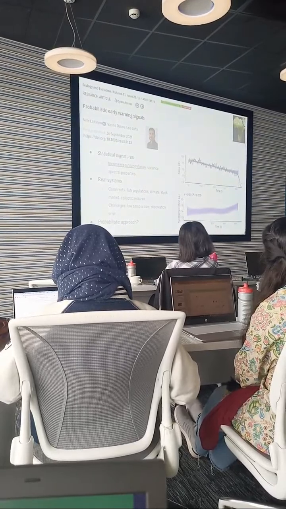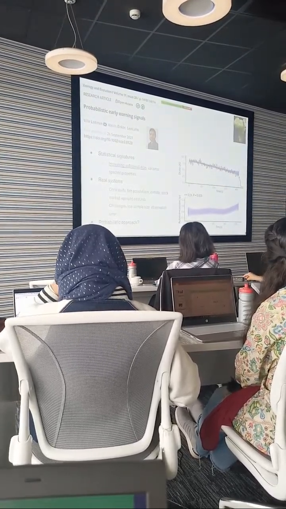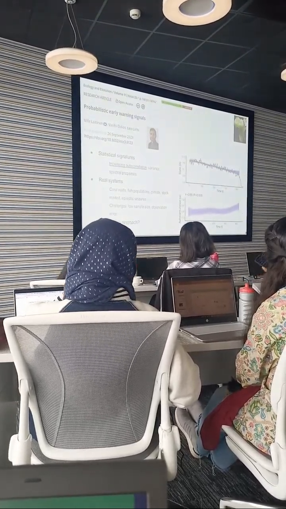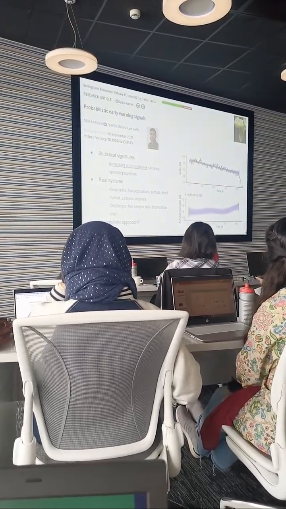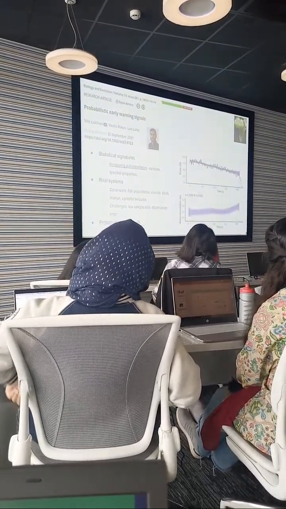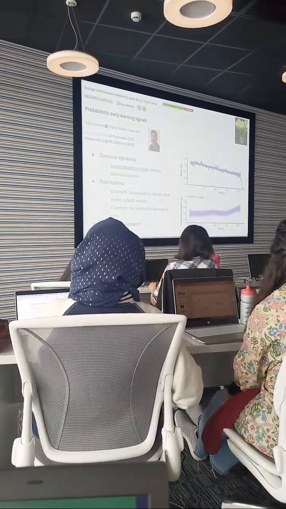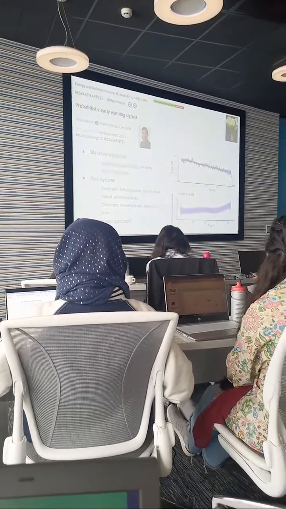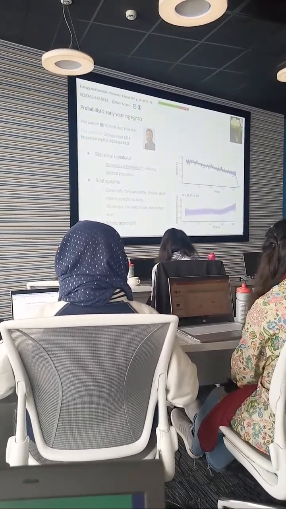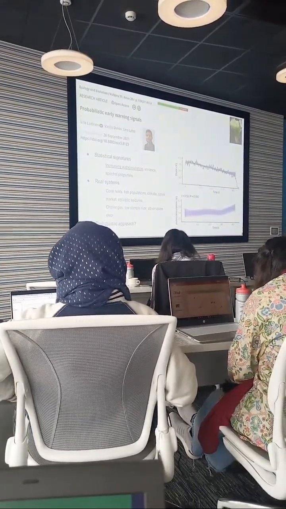And then probabilistic early warning signals is another topic I wanted to mention. So Ville Laitinen, who is in my team and will hopefully defend his dissertation soon this year, has been studying probabilistic early warning signals. The concept of early warning signals has been around for quite some time.